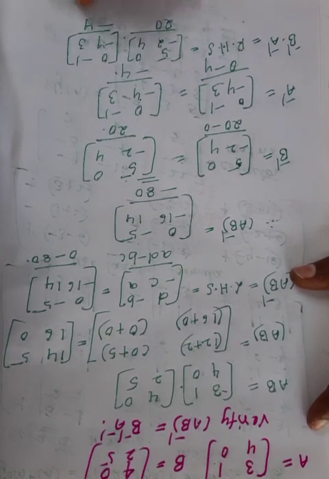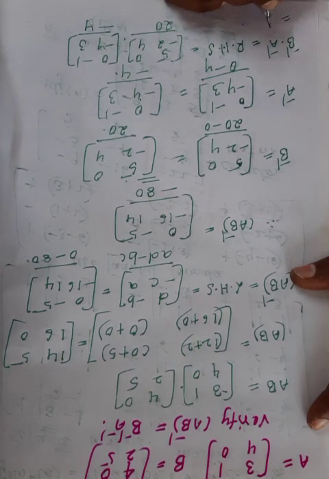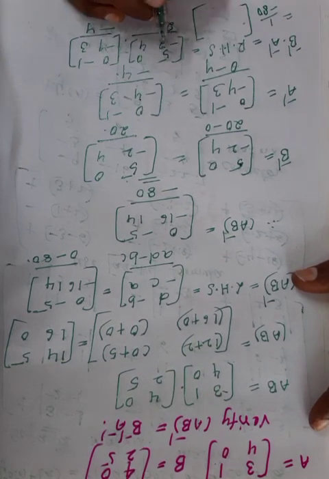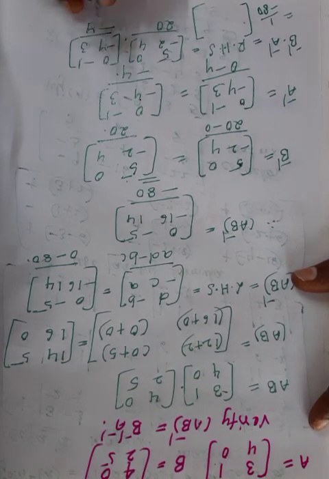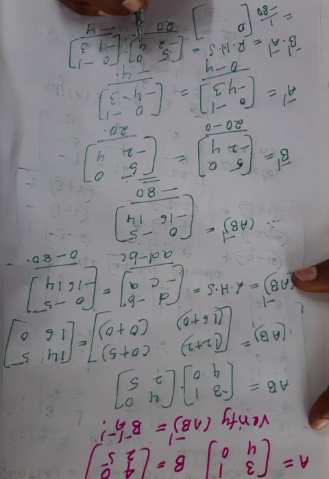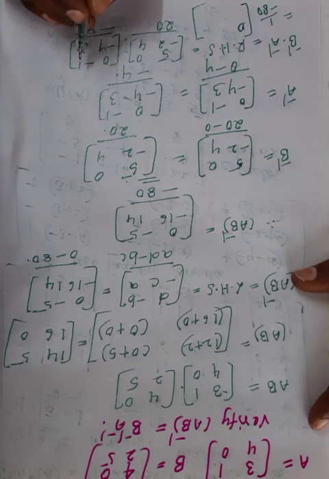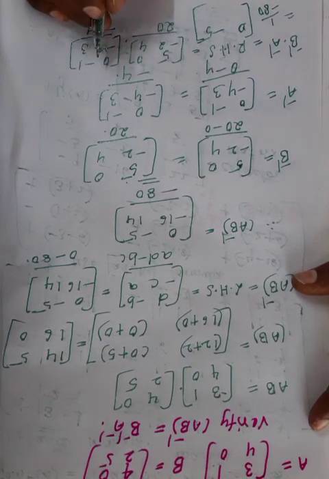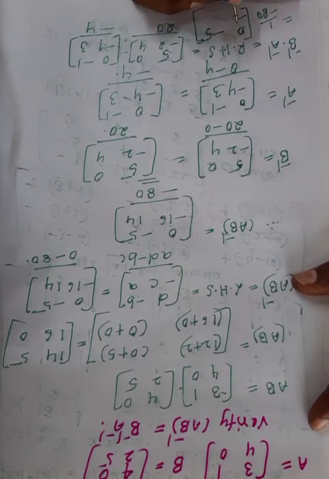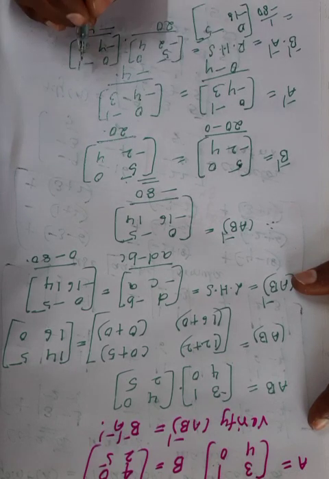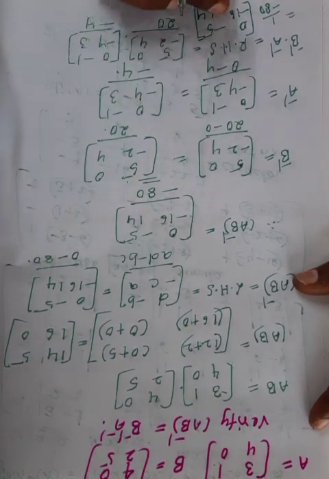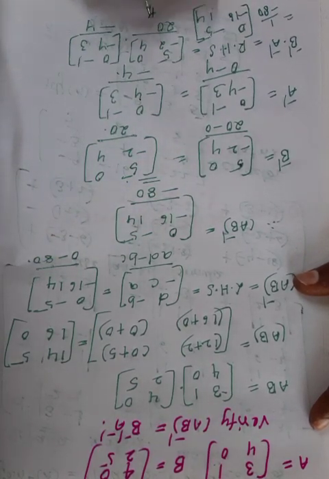So 20 into minus 4 is minus 80, so 1 by minus 80 into: 5 into 0 is 0, 0 into 4 is 0. Next, 5 into minus 5 is minus 5 plus 0 is minus 5. Next, minus 2 into 0 is 0, 4 into minus 4 is minus 16. Minus 2 into minus 1 is 2, 4 threes are 12, 2 plus 12 is 14. So here LHS is equal to RHS, hence proved.